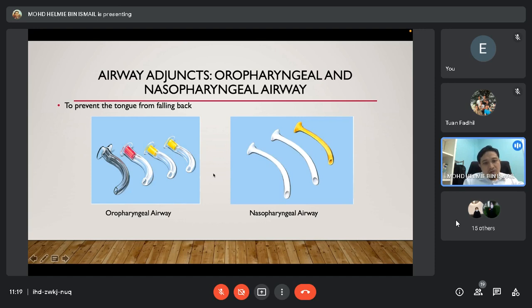If the patient has maxillofacial injury and gag reflex. Sorry. For the oropharyngeal airway, the contraindication is gag reflex only. Otherwise, if gag reflex is absent, you can use the oropharyngeal airway.